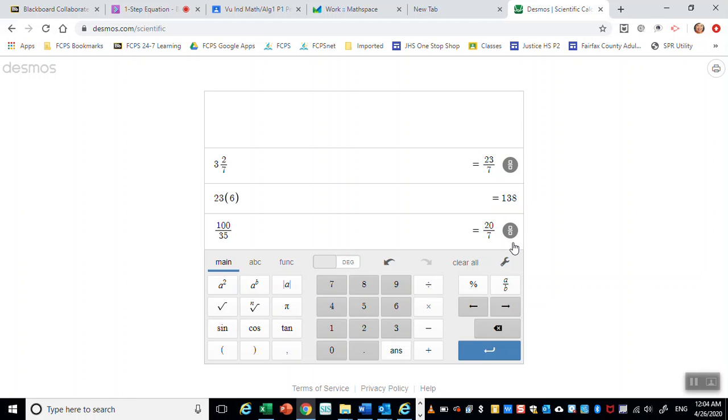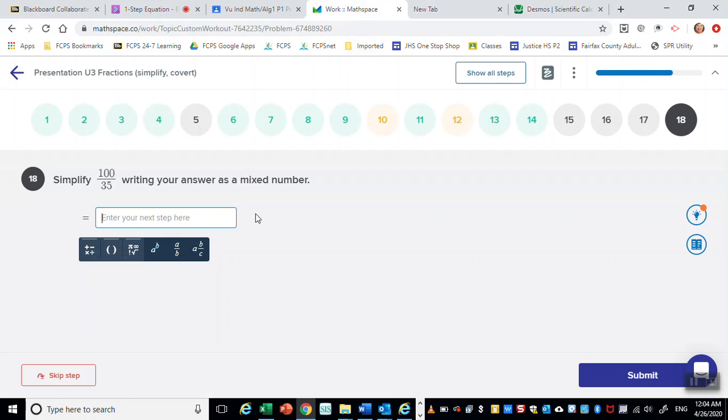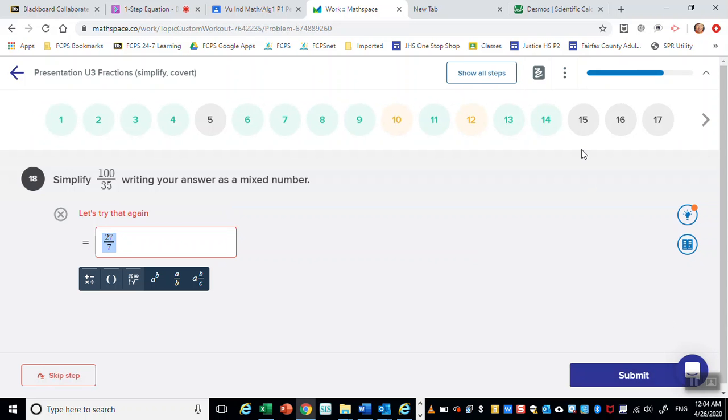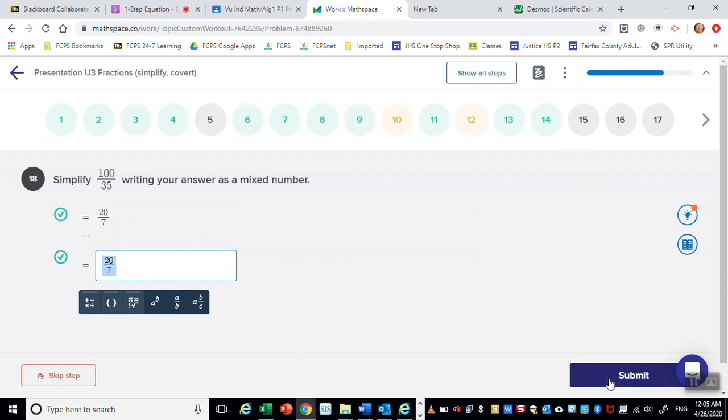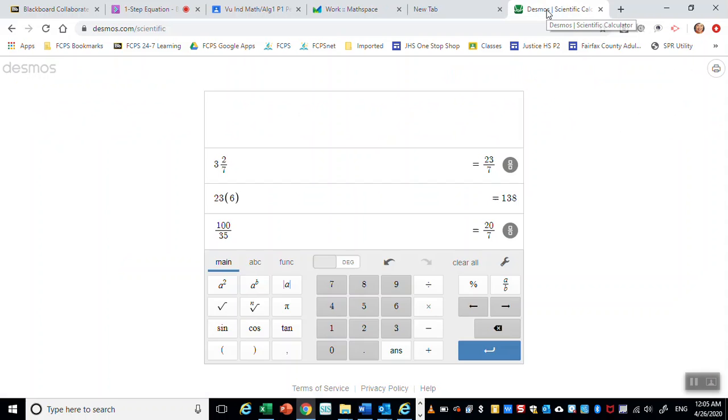So how to put it in? It's 27. Yeah, you can do it first step with 20 over 7, right? You submit. Oh, not 27. That's my mistake. It should be 20. No, 27 over 7.